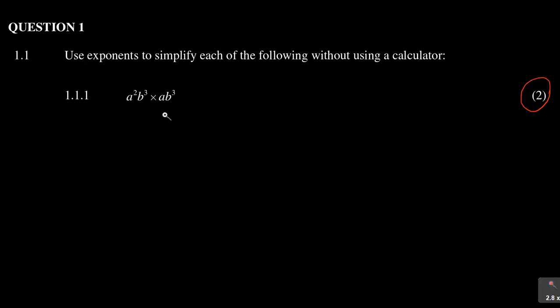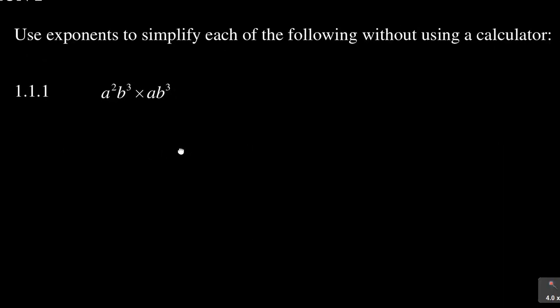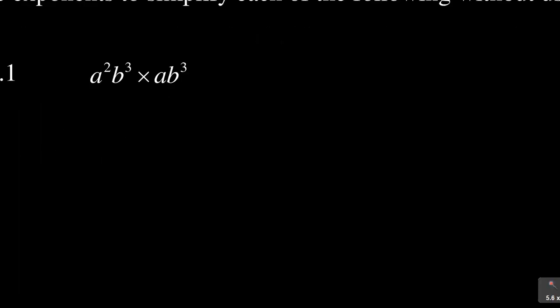So we are saying use exponents. So we are using the laws of exponents here, and we are to simplify that, and also we must not use a calculator, and we are given that a squared b cubed times ab cubed. Again, let me make it bigger. So this is what we're given.